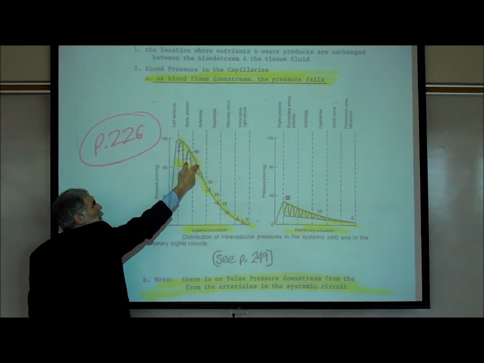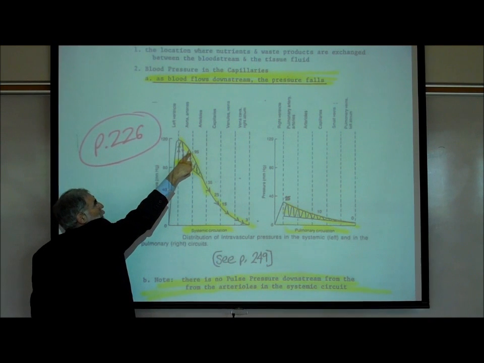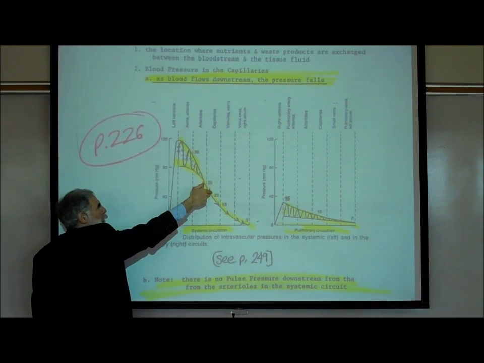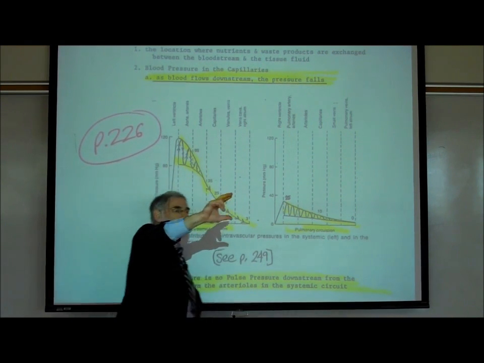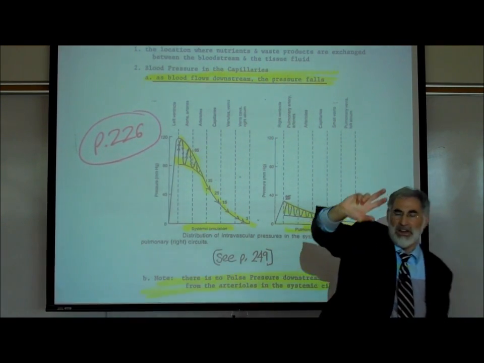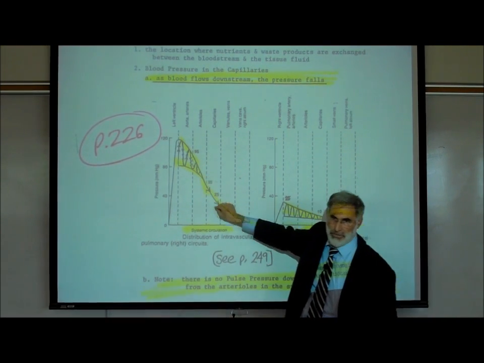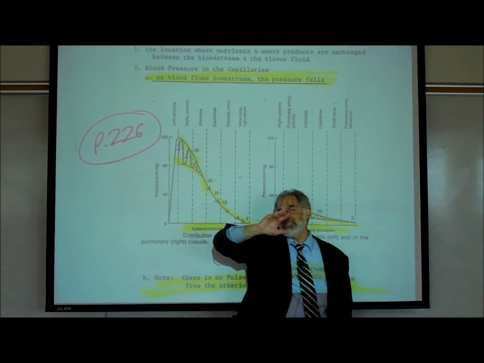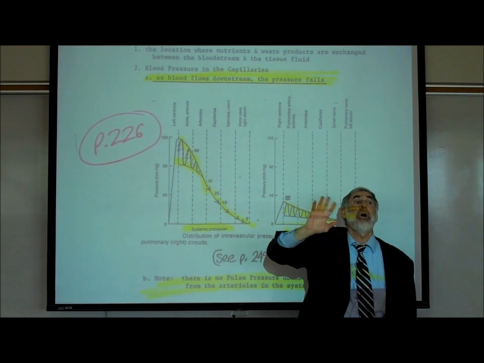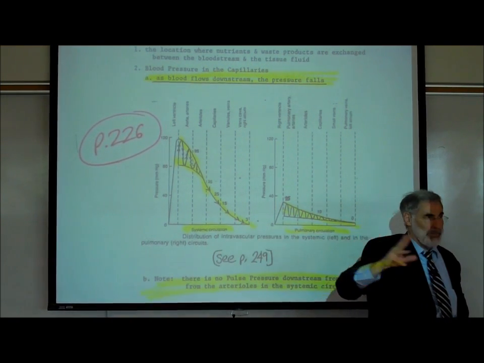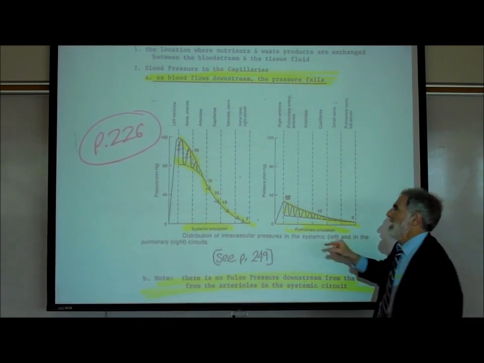And then you'll notice a couple of things. First, as the blood flows into the arterioles and capillaries, we no longer have a pulse pressure. We no longer have a systolic high or a diastolic low. We have one continuous pressure. So we only have this systolic over diastolic in the arteries. We don't see systolic or diastolic in capillaries or veins.